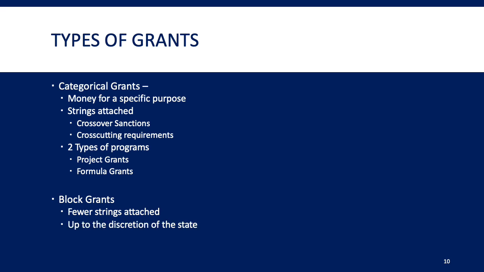And there's more power to the state to decide which programs to put that money in. Usually these support broad programs like community development and social services. Some examples are community development block grants and local law enforcement block grants.